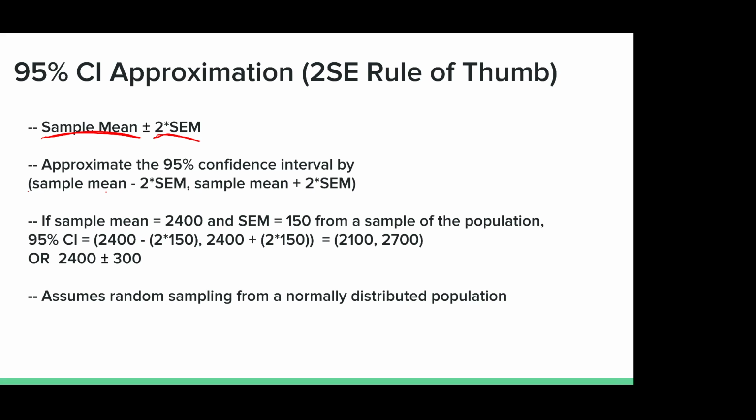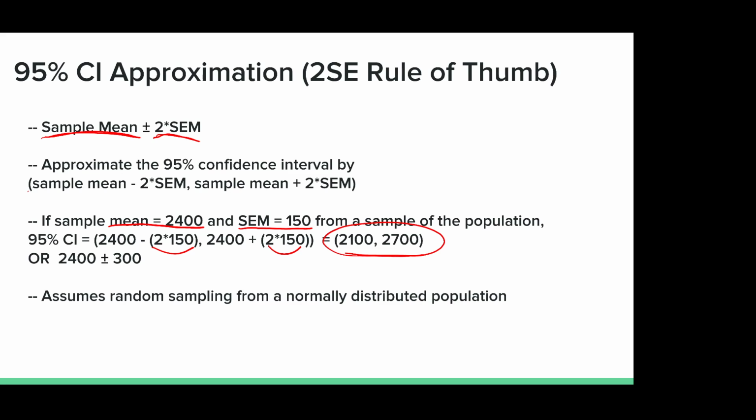So if we did that here, assuming a mean of 2,400 and a standard error of the mean of 150, we would end up getting a range of 2,100 to 2,700, because again, that spread, if you will, is a value of 300 from the population estimate.